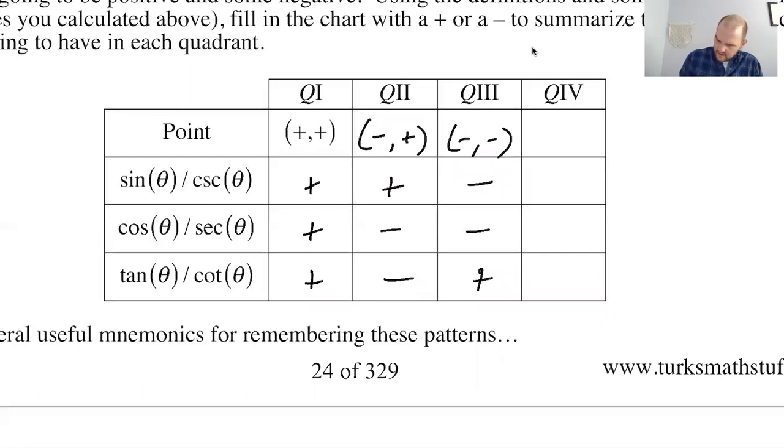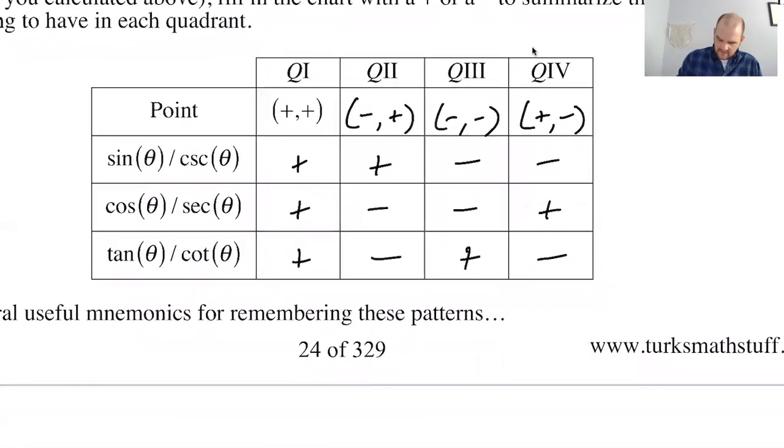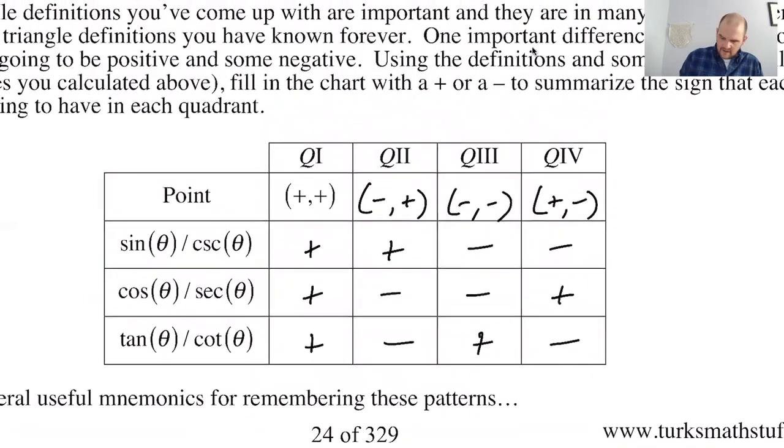And then fourth quadrant, plus minus, x is positive, y is negative. So the only thing that can be positive is things that only involve x. X is equal to cosine, so cosine is positive. Everything else is negative. And then the way that I remember this, I will just tell you in class, because I don't really want to put it in a video, but what most people do is they say A, S, T, C. So this is telling you what's positive.